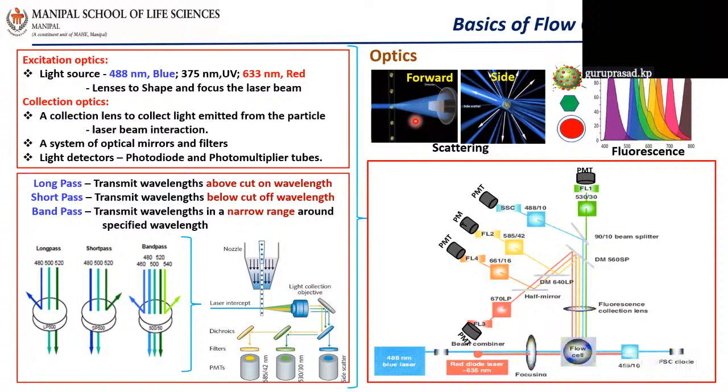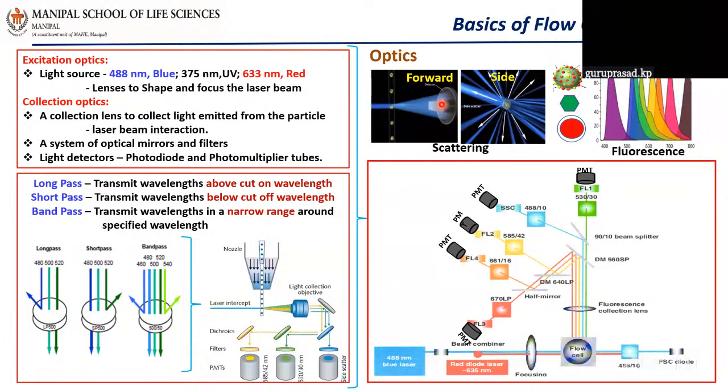Depending on the size and shape of a cell, you are going to see scattering of the light when it illuminates or shines on the cell. For example, if this is a cell moving in a single line here, when the light passes on this cell, based on its shape and size, it scatters the light.